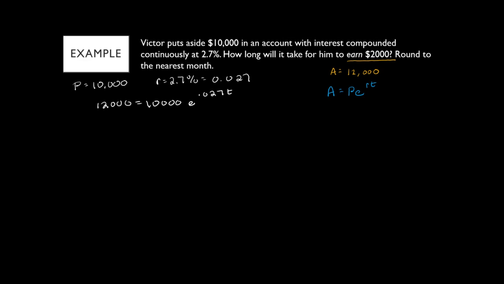And so I'm going to start canceling out zeros like I did in that first example, just so that I have some smaller numbers to work with. So I can cancel out 3 zeros on both sides. And so that gives us 12 equals 10 e to the 0.027 t.